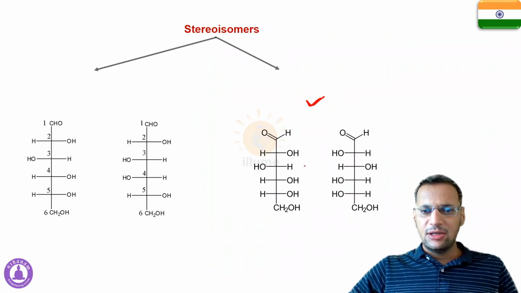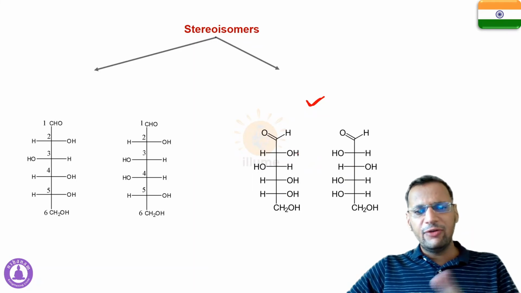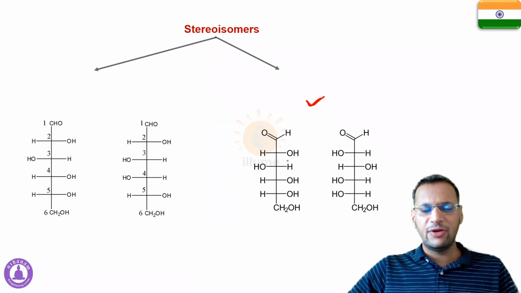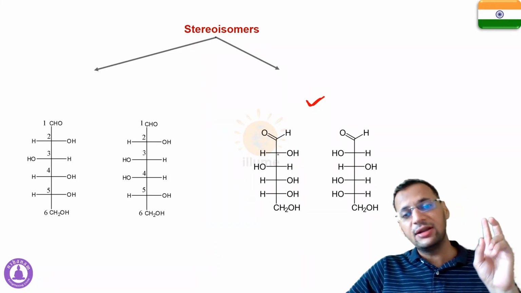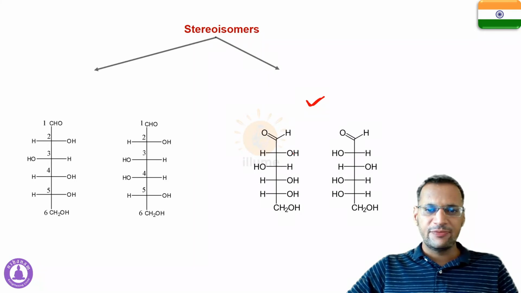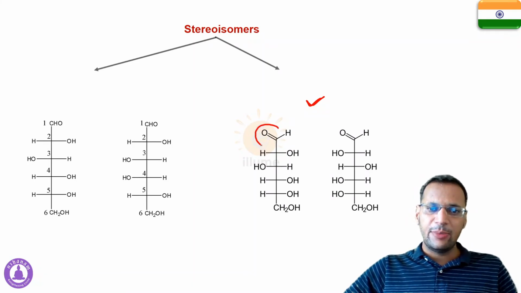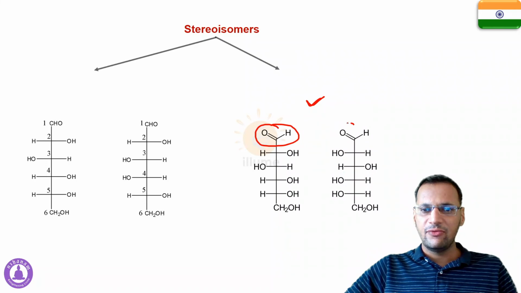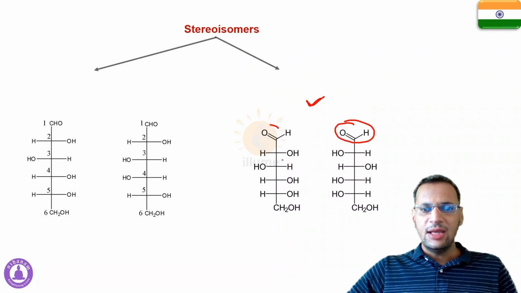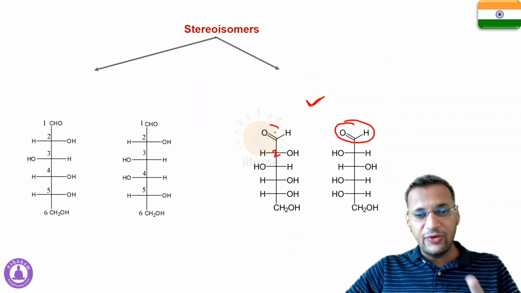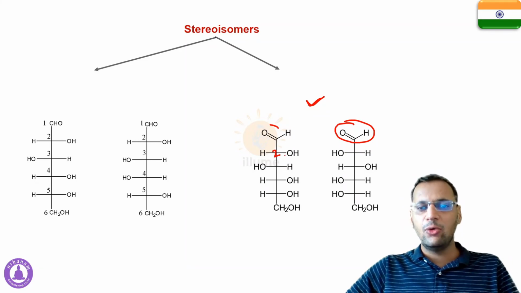Now first look at this case. These are two different forms of glucose, two different types of arrangements of glucose. This is the first carbon with the CHO group. On the second carbon, look carefully, there is a difference in the configuration of both H and OH.